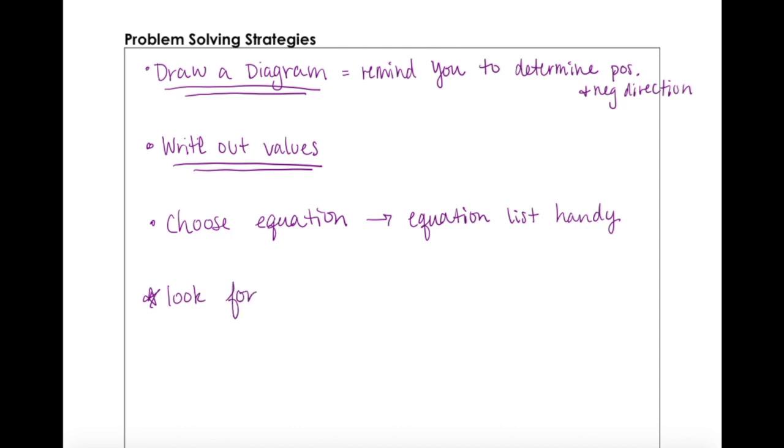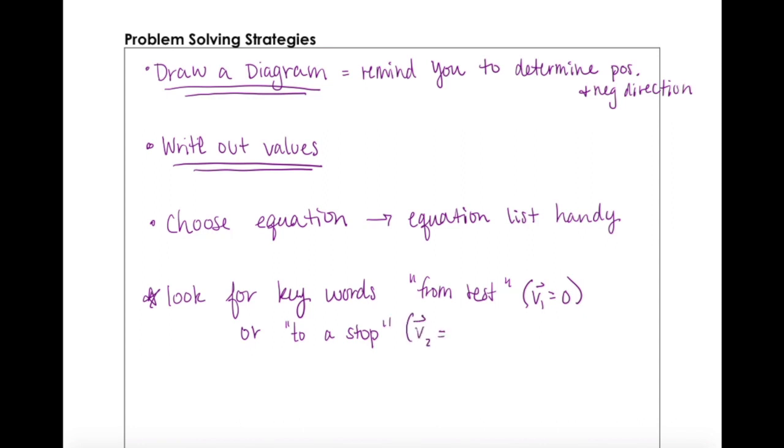Look for keywords like from rest, which means that our initial velocity is 0, or to a stop, which means that our final velocity is going to be 0, okay, because they're coming to a stop.